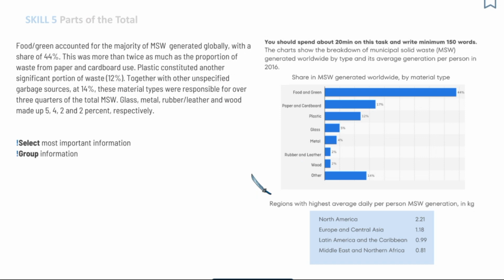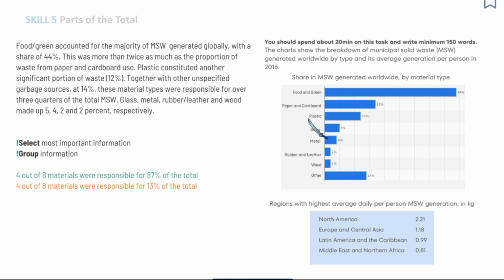You have already heard it from me many times that you really need to show your ability to select the most important information and to group information. If we analyze this bar chart, we will see that 4 out of 8 materials were responsible for 87% of the total. 87, that's like a huge portion.